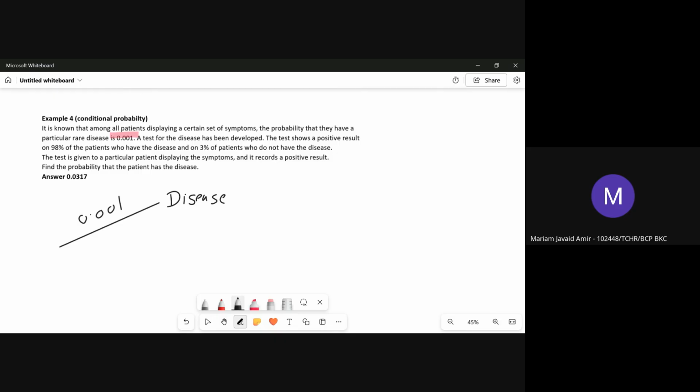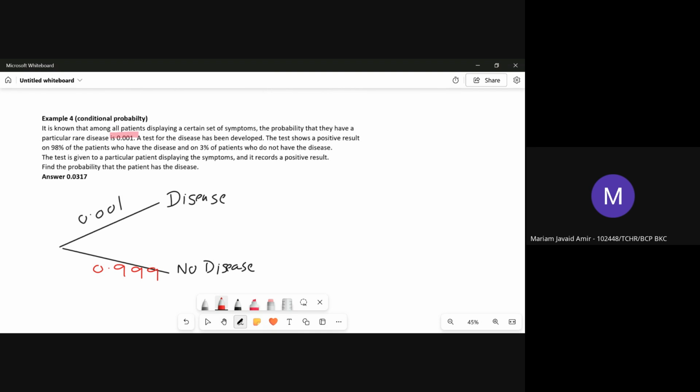That means probability that they do not have the disease, I'm writing no disease, इसकी probability क्या हो जाएगी? 1 minus 0.01, which would be 0.999. ये खुद से लिखना है, ये क्वेश्चन ने नहीं बताया, हमने खुद से डिड्यूस किया.